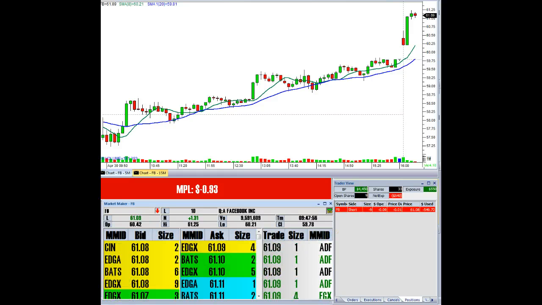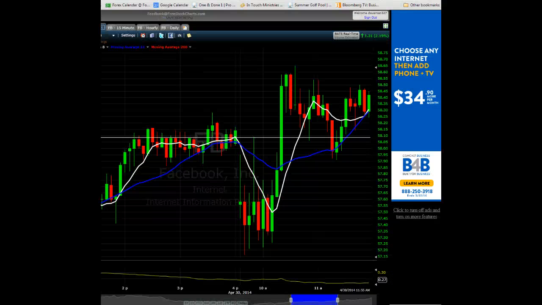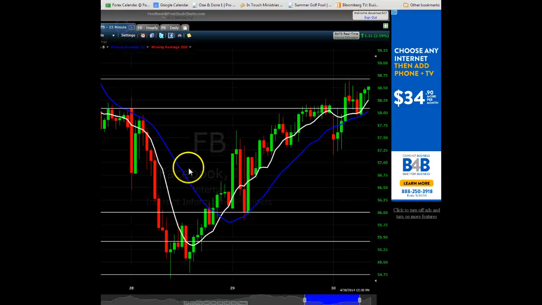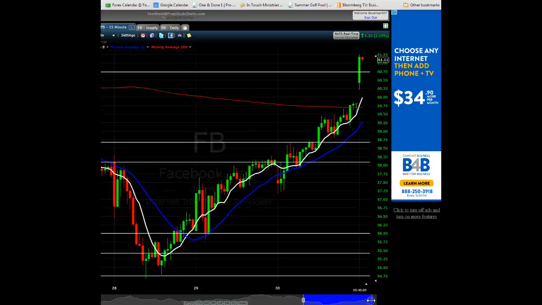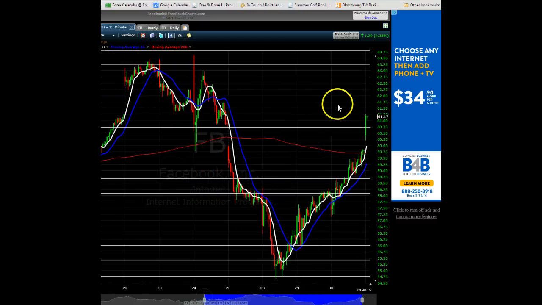The hard part about this is if you look at this chart of Facebook here, I have where I draw my support and resistance lines. Yeah, that should have been a point of resistance. So where's the next point of resistance? Well, it's not up here until you get to about $63.